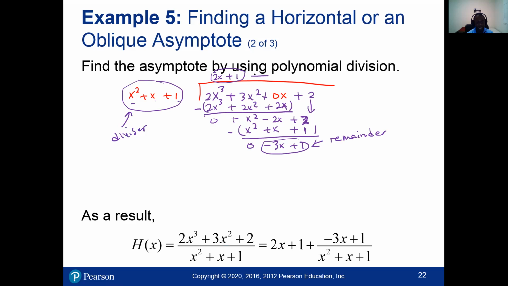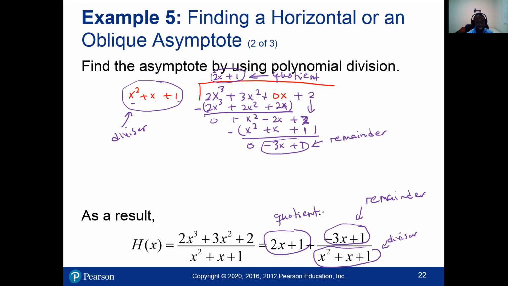Okay, this is the quotient. So you see that this is my quotient. This is my remainder. The numerator there is your remainder. And then that's the divisor. And this is your what? This is your quotient.